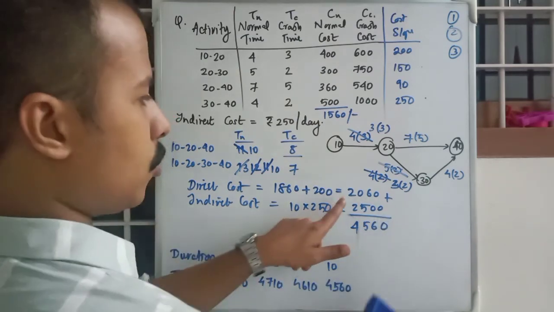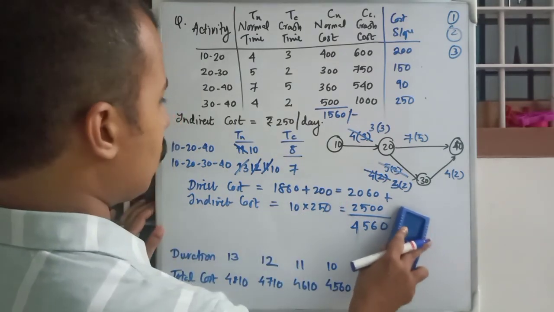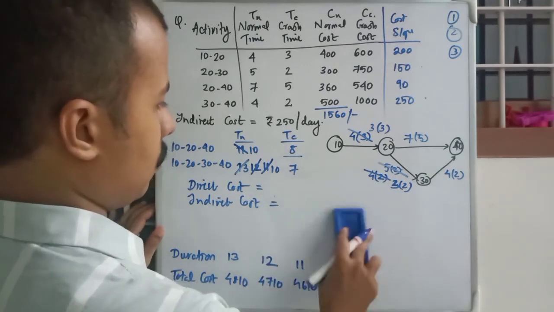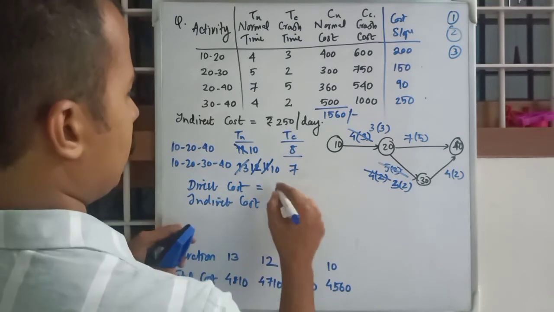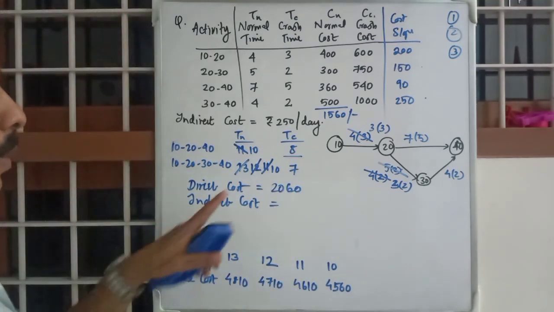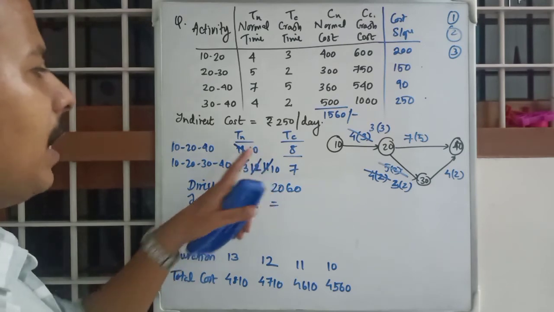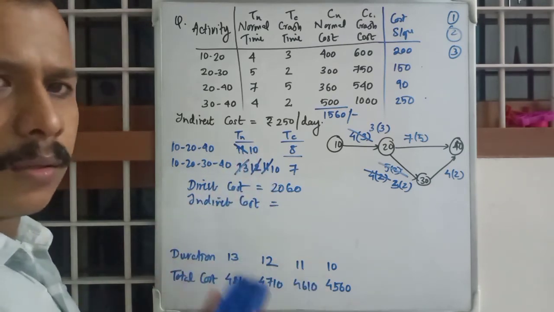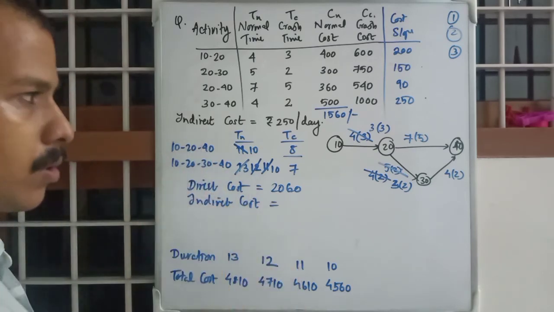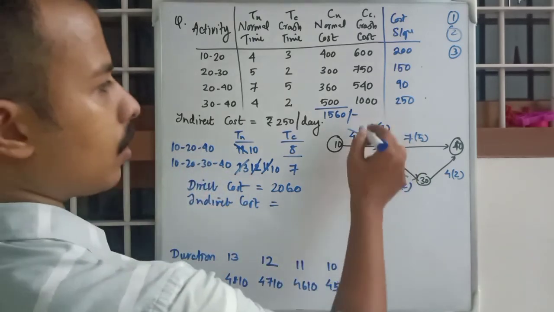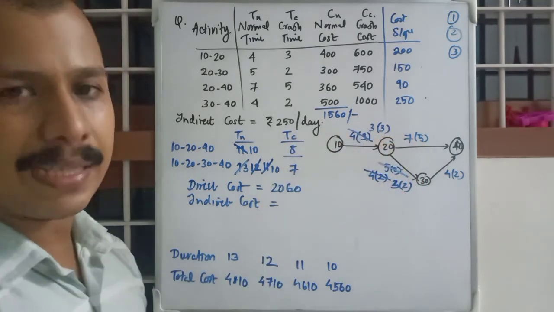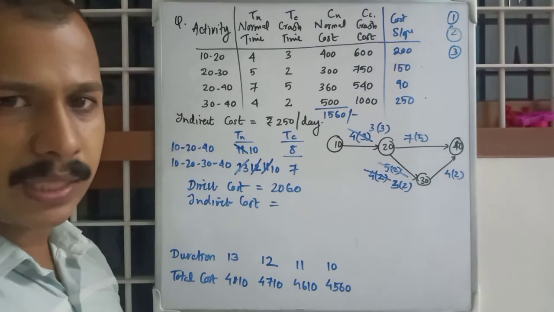Next case, so 2060, that is the new direct cost. So right now you have common activities, two critical paths, but you cannot touch this activity because it has reached its minimum duration, 3 days.